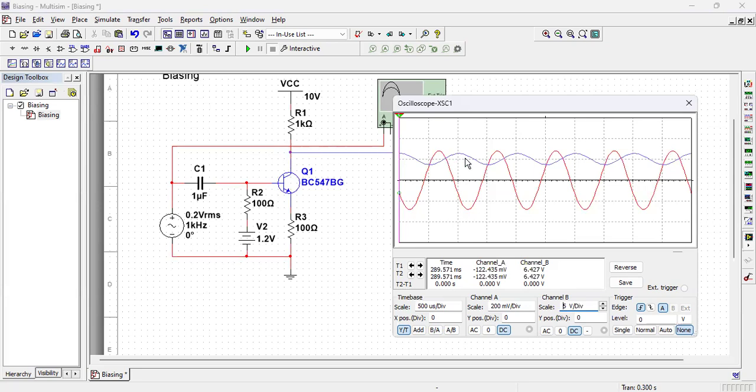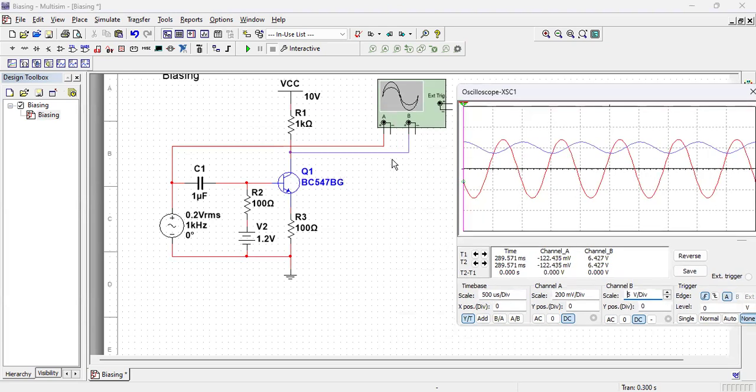So in the positive half, the output drops further than 5 volt. And in the negative half, when the negative signal current flows in the opposite direction, then the potential of this transistor collector goes up. So that is why it is average 5 volt and then goes up and down.